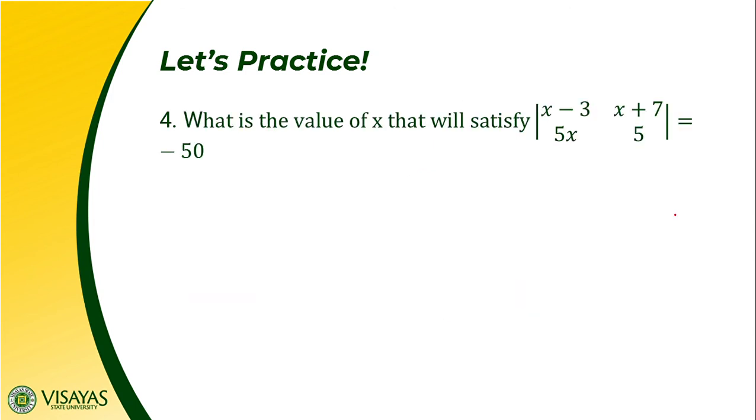Number 4. So here, what is the value of x that will satisfy, given this matrix containing elements x minus 3, x plus 7, 5, and 5x, which is equal to negative 50. For letter A, we have 4, letter B, 1, letter C, 3, letter D is 2.